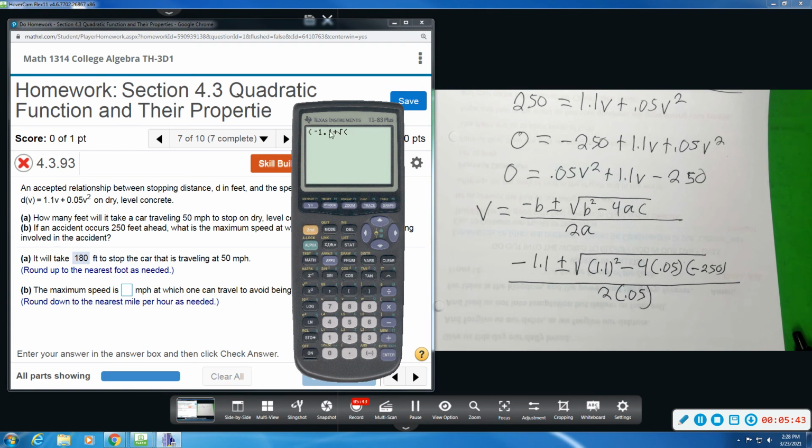Since this is an older calculator, it's not going to show the extended square root, but it will open parentheses, and then I will close parentheses at the end when I'm done with my square root. So I'm going to do 1.1 squared, and then minus 4 times 0.05, and then times a negative 250.